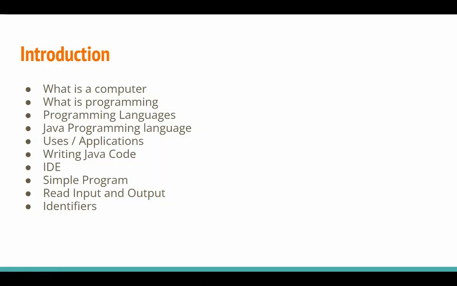So for now, I think we have covered a lot when it comes to the basics of Java programming. We have introduced what a computer is, what programming is, and programming languages, how they relate to the computer, and how they relate to creating software, giving ourselves the software that we want, or telling the computer what to do. We also introduced Java.